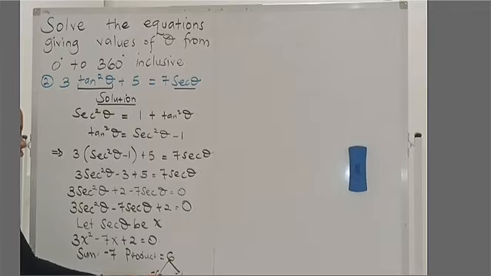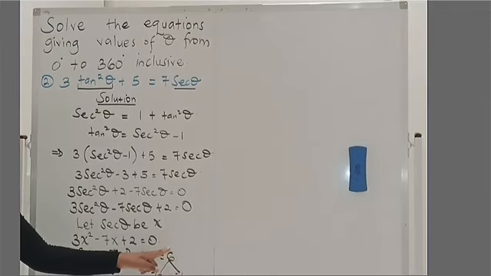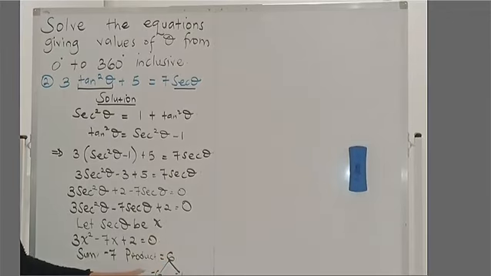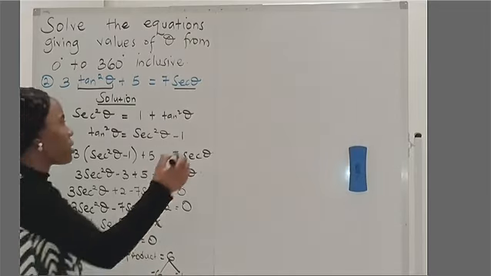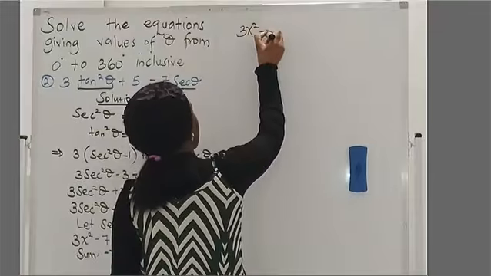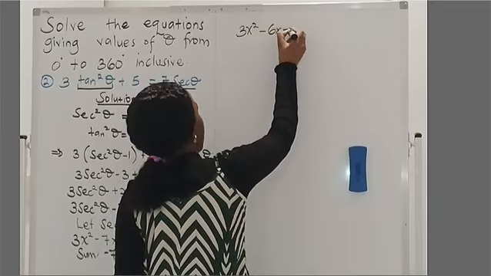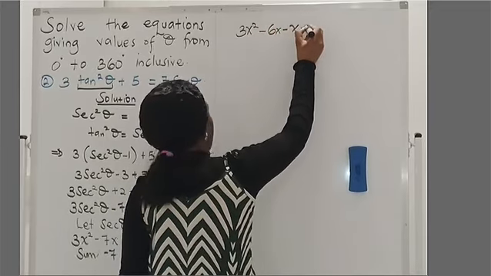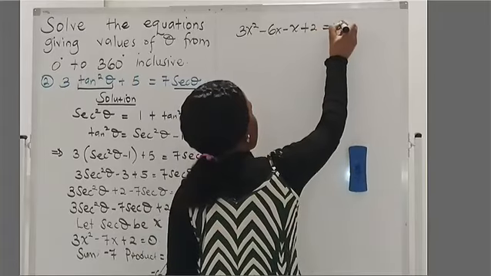When I multiply -6 times -1, you get 6. When you add -6 to -1, you get -7. So we shall have 3x squared minus 6x minus x, then plus 2 equaling to 0.